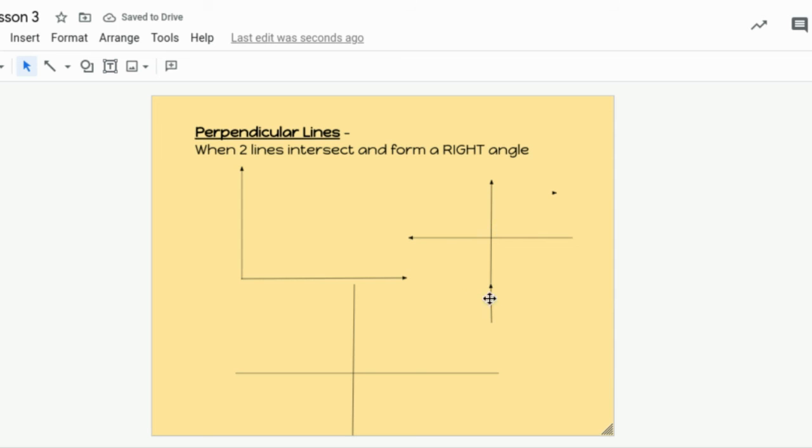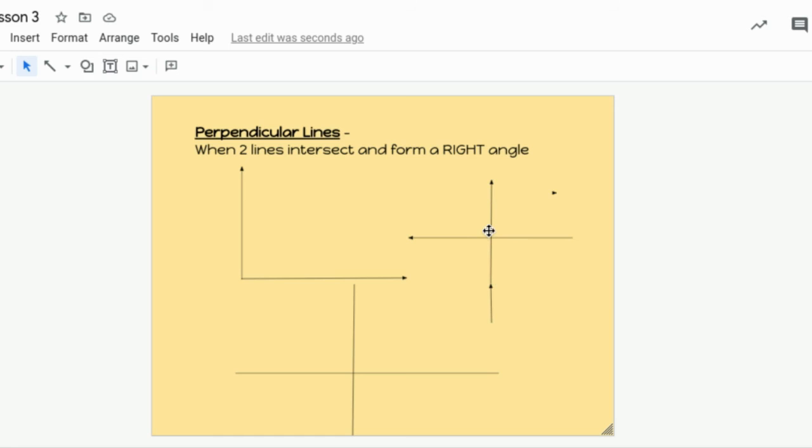So even though the two lines we had didn't intersect that we saw, you have to imagine that they're going on forever if there's an arrow on one side. So you have to imagine that side of the arrow keeps on going. You have to ask yourself, will these eventually intersect? And then what type of angle do they form? In this case, yes, these are two perpendicular lines because they would eventually cross and form right angles.